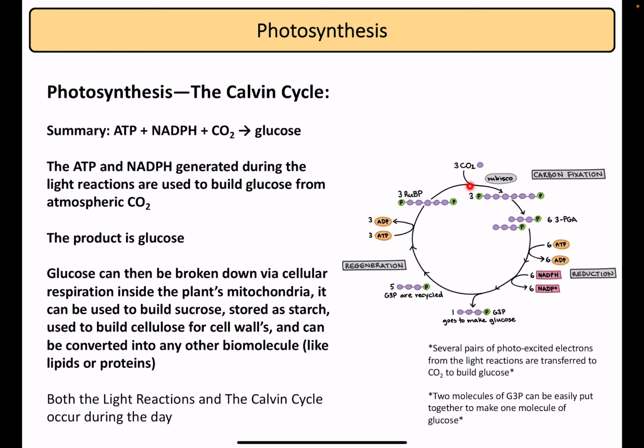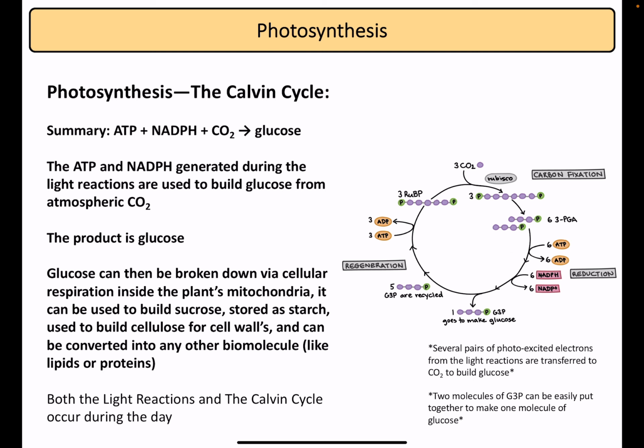So this is also a very complex set of biochemical reactions, but we're going to keep it simple. We're not even going to draw out a picture for it. We're just going to talk about it. But basically what happens is, as I said before, those high energy electrons that are being carried by NADPH are added to CO2 to help build a bigger molecule.